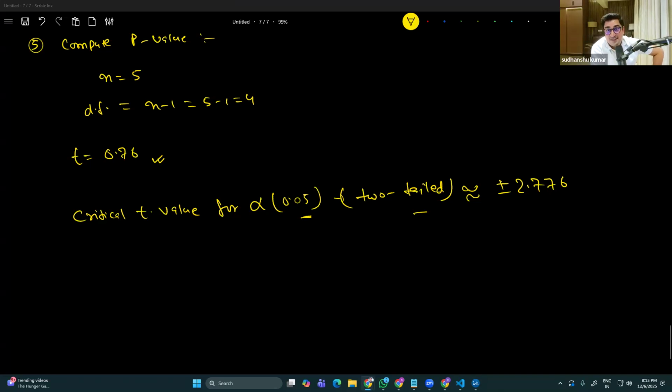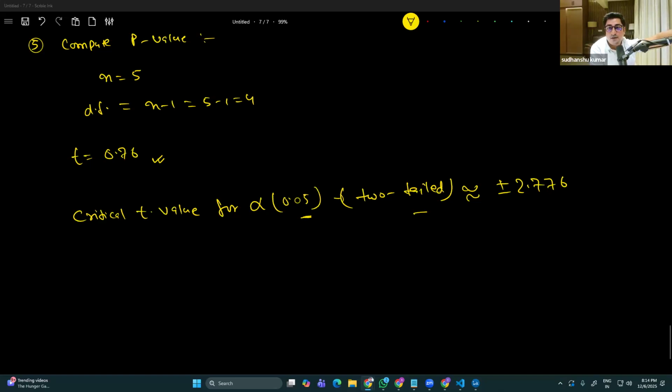Yes, that's correct. So here, the t that we are able to get, t is equal to 0.76, so t is very, very small.